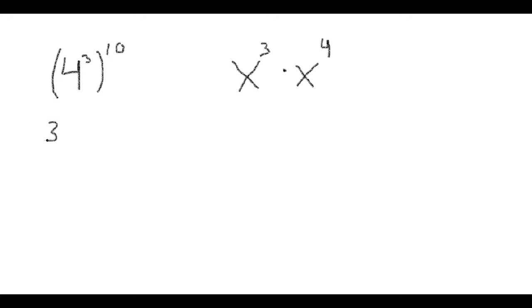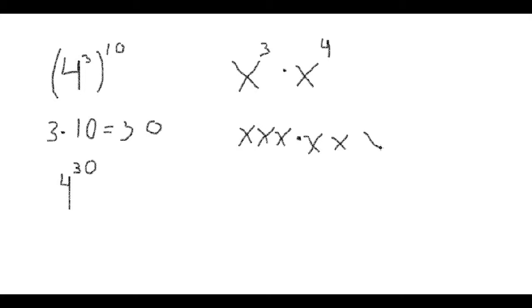So the theory is, when you see something like this, because there's parentheses for this one, we're basically multiplying 4 to the 3rd power 10 times. So since that's the case, we can just simply multiply the exponents 3 and 10, which gives us 30. So the answer will be 4 to the 30th power.